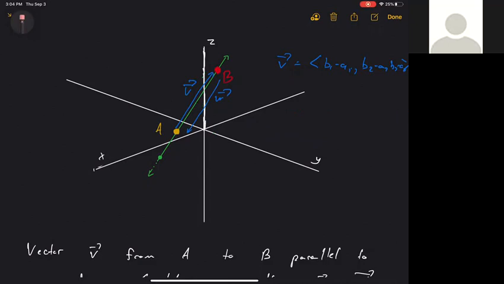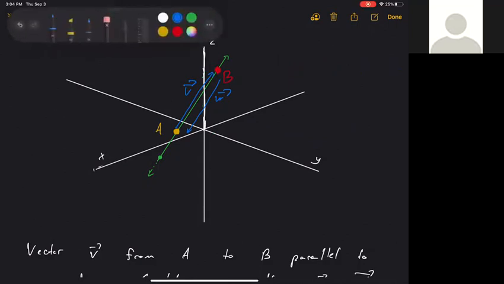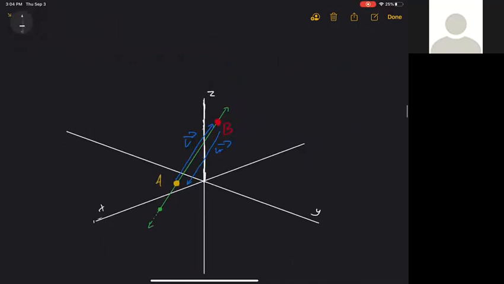So I have my parallel vector, and now how can I write the equation of my line? Let's say we're using the vector equation of the line. So let's say I want to write R equals R0 plus tV, where V is parallel. Which point would I use for my R sub 0? Well, I could use either one.